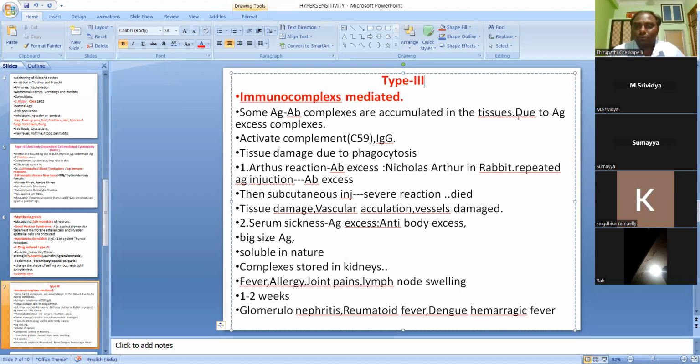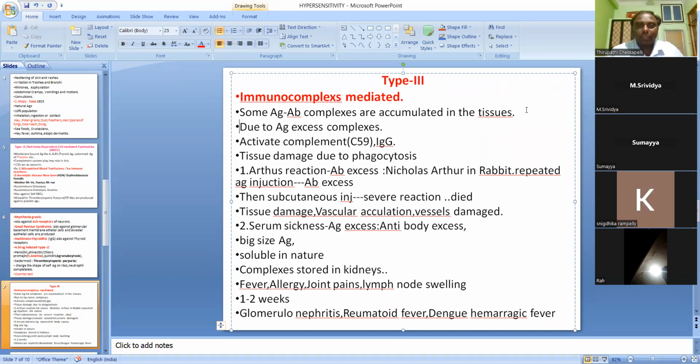Remember that well, right? So here what happens, some antigen antibody complexes are accumulated in tissues. Let me explain this. See here, in general, when an antigen enters, antibodies are produced. Antibodies will go and bind to antigen, surround them, so antigen antibody complexes are formed in large number.